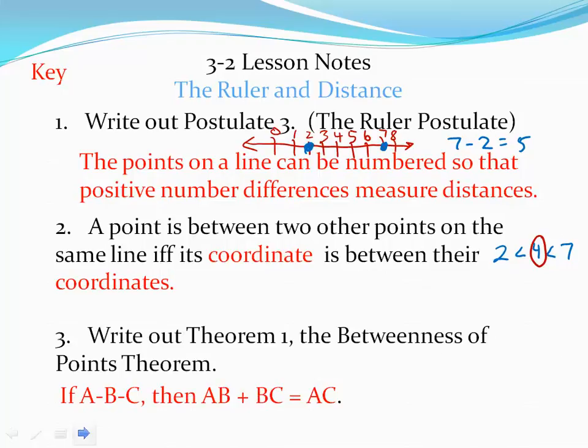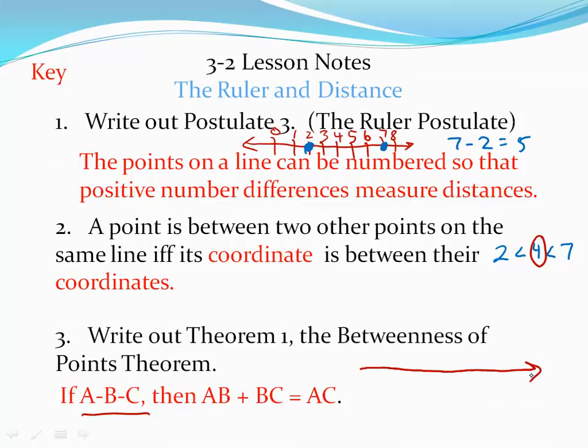Write out theorem 1, the betweenness of points theorem. How do you say this? It might surprise you the way you say that. It says, if B is between A and C, then AB plus BC equals AC.